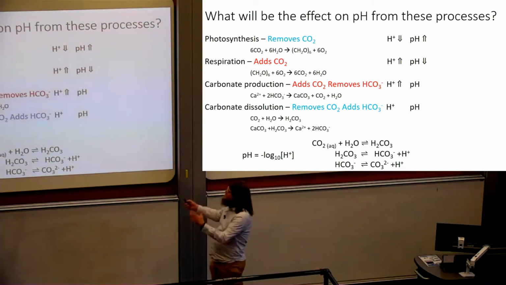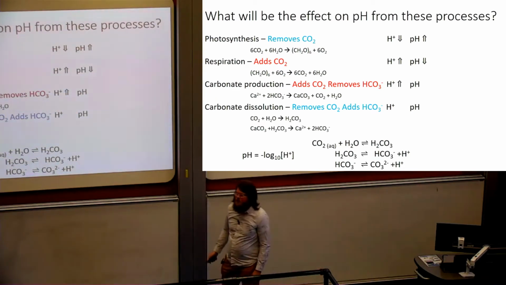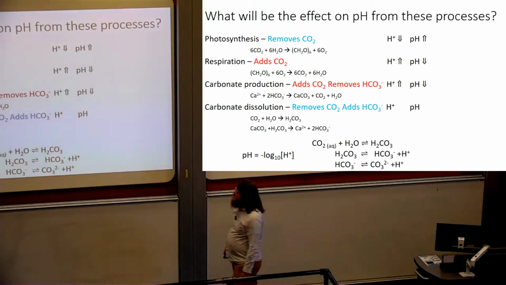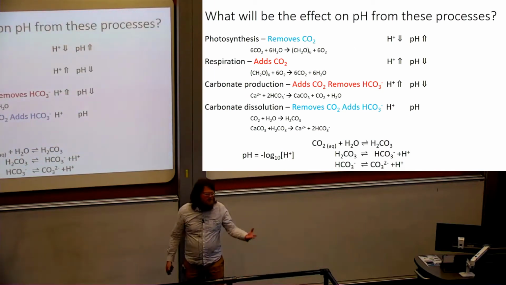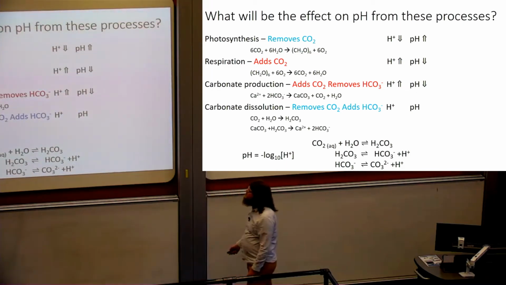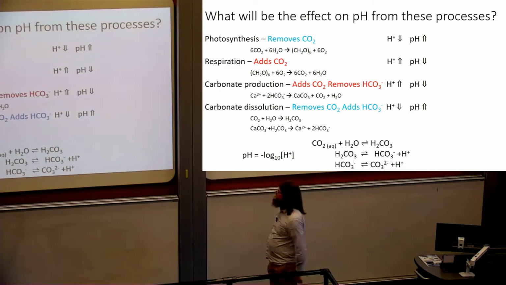So it actually raises it, because we're adding CO2, which forces all these reactions over to this side, so we get more of these guys. So pH goes down. Which is weird. It's not that weird. The thing is that if a coral reef forms, that will acidify the water. And these guys go in the opposite direction.